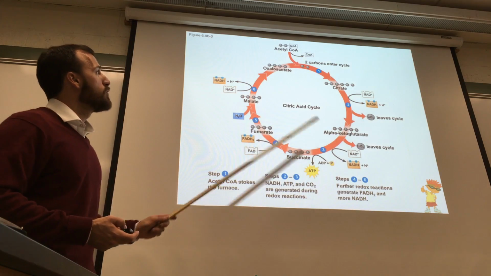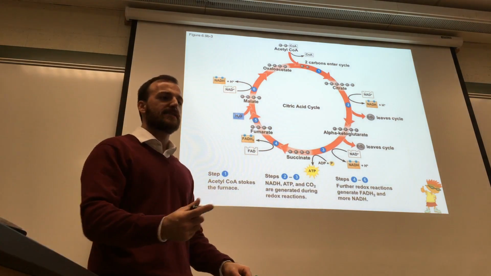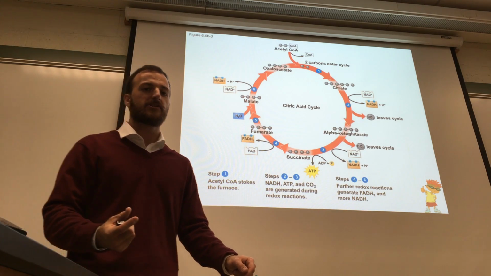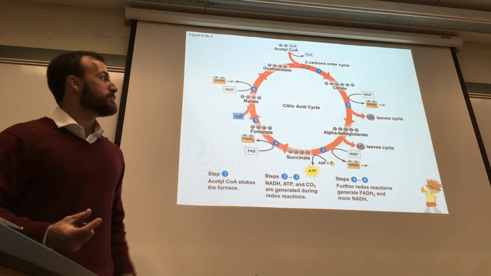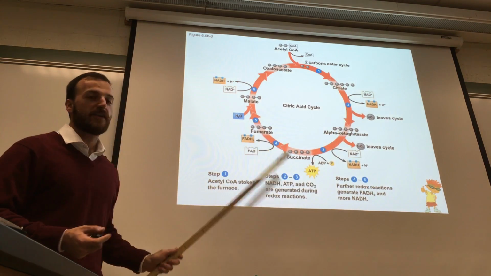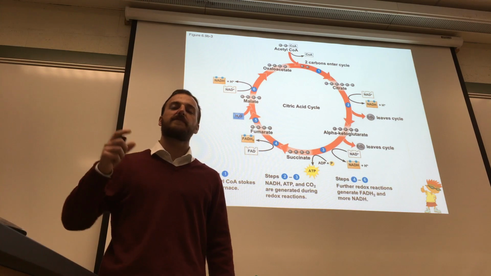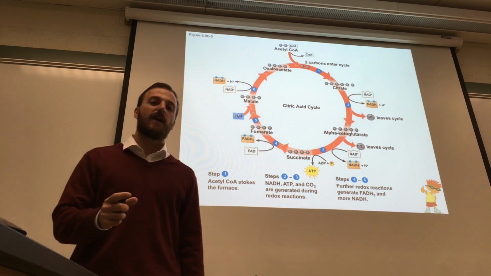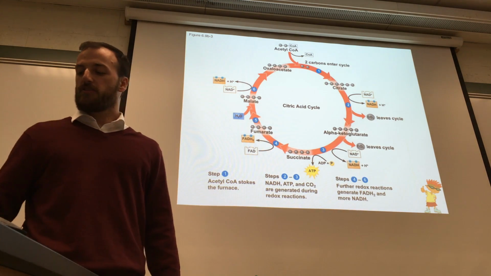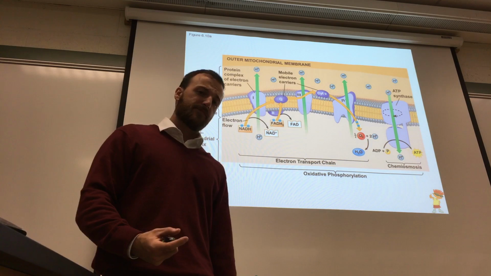So what then is going to go into our next step, oxidative phosphorylation? Well, we've been talking about the production of NADH and FADH2 this whole time. And if you've been doing the math, we have 10 NADH and 2 FADH2, which are going to go into the electron transport chain.